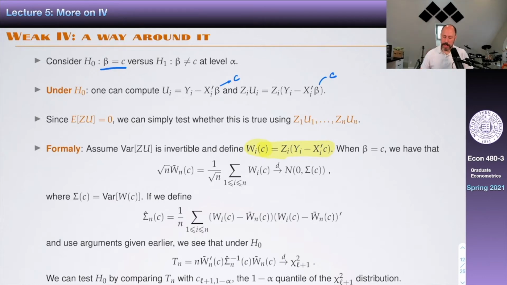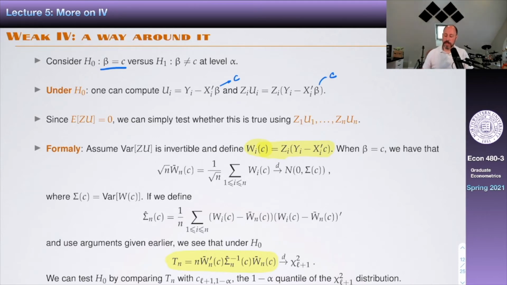So we can define an estimator of this sigma as sigma hat. It's just the sample variance of this guy, which is 1 over n, the sum of (Wi minus W bar)(Wi minus W bar) prime. And then you can construct a Wald type test statistic by taking the quadratic form of our vector of means, W bar, weighted by the inverse of sigma hat.